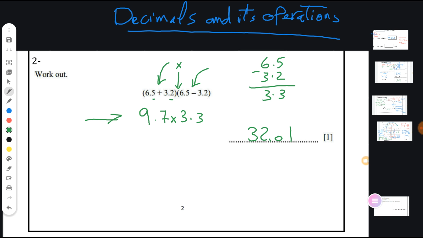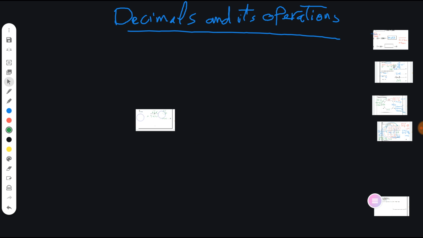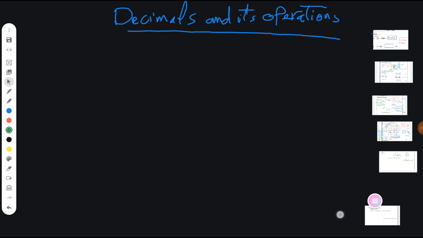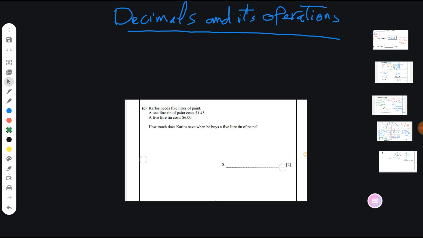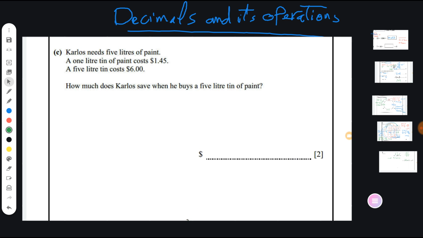Another question in paper 2 about a word problem. And we will use the decimal operations to cover it. Carlos needs 5 liters of paint. A 1 liter tin of paint costs 1.45 US dollars.